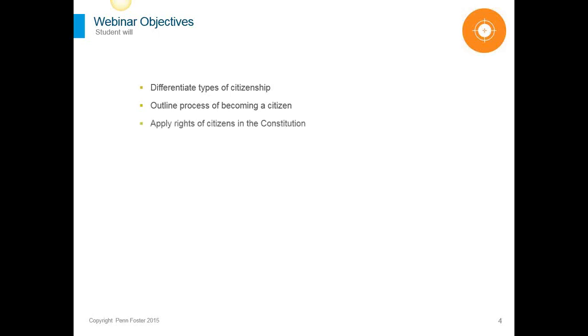We'll look at the rights that the Constitution includes for citizens, as well as dive into voting, and in particular, reasons people don't vote. Voting is really a basic right and responsibility in the United States and other democracies and republics around the world, and it's really important that people do vote. We'll talk a little bit about some of the reasons that people typically give when they choose not to vote.